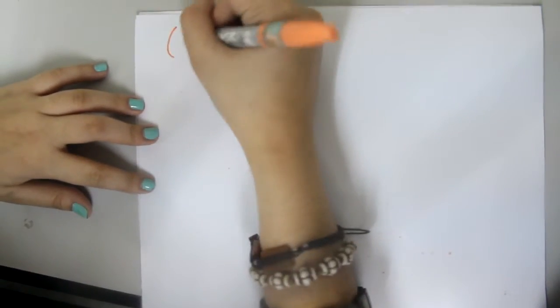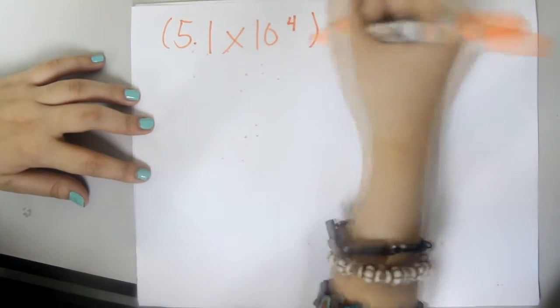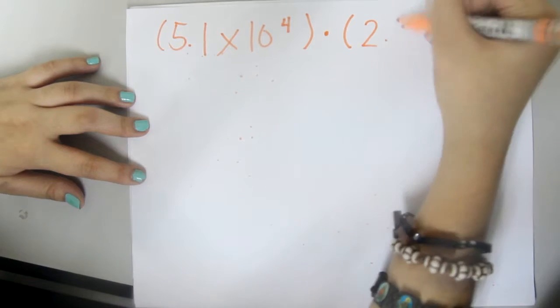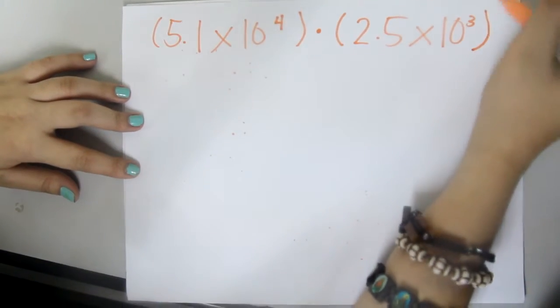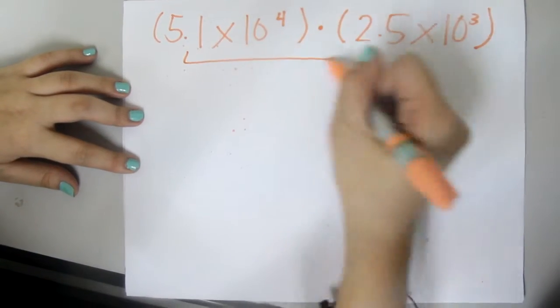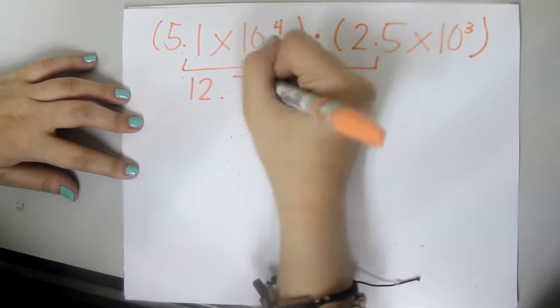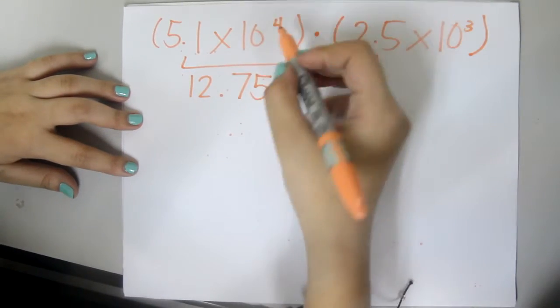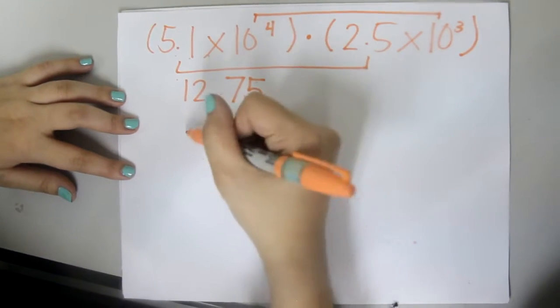I'm going to write it again. 5.1 times 10 raised to 4 multiplied by 2.5 times 10 raised to 3. Our answer earlier for 5.1 times 2.5 is 12.75. Now we're going to multiply 10 raised to 4 times 10 raised to 3.